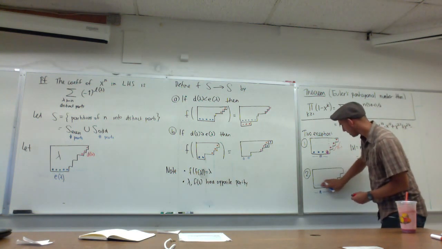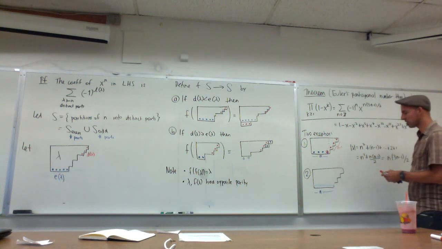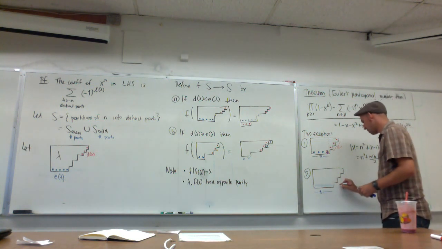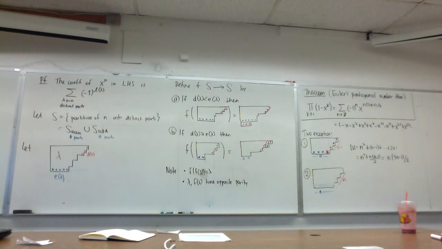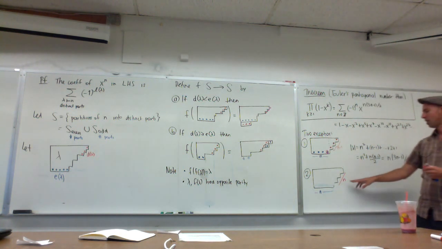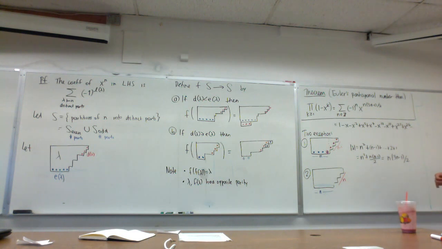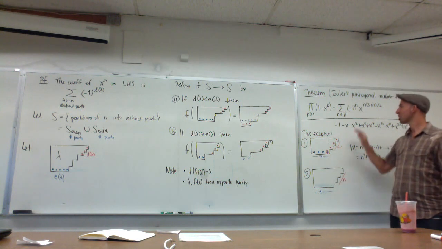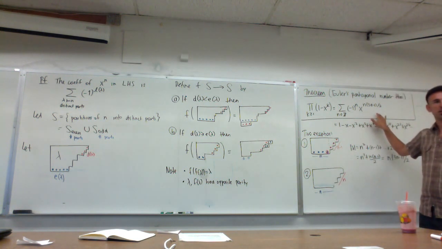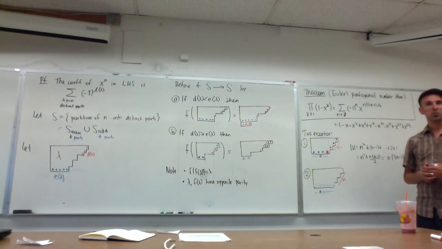But here I wrote the numbers n and n minus 1. And the other case where this goes wrong is when the numbers here are n and n. And then you can see that in that case also the bijection does the wrong thing, and it produces the case when n is a negative integer. It gives that contribution. So it's an almost bijection, but it misses these weird cases. And so these are the ones that survive our bijection. And that's why Euler's pentagonal number theorem works.